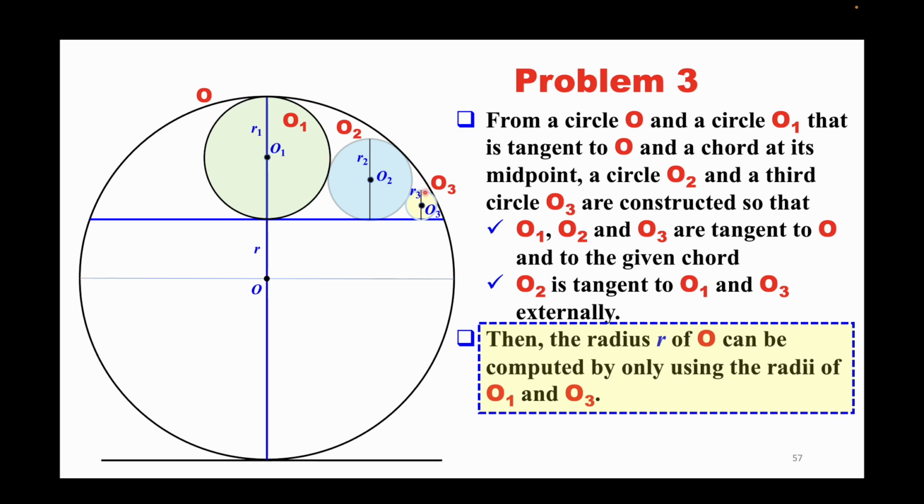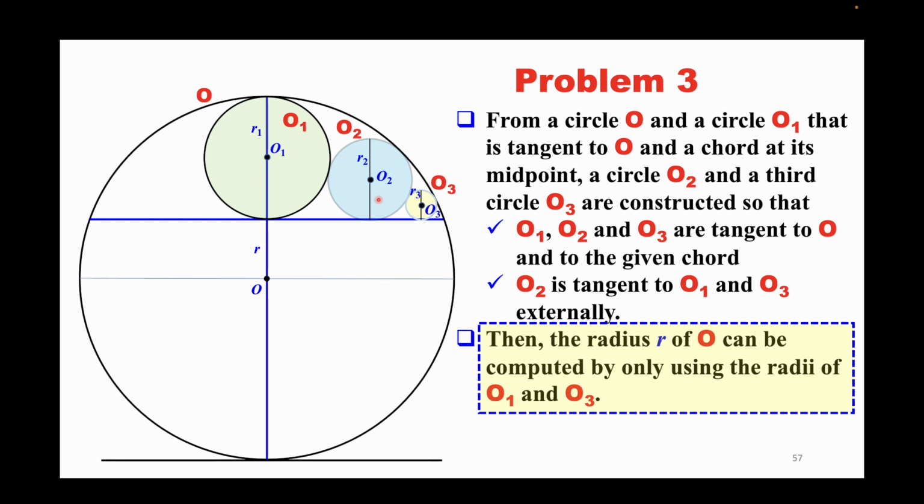And then we construct a third circle O3 tangent to O, the chord, and O2. Then the radius R of O can be computed by only using the radius R1 and the radius R3 without R2. This is what we did for problem 3.